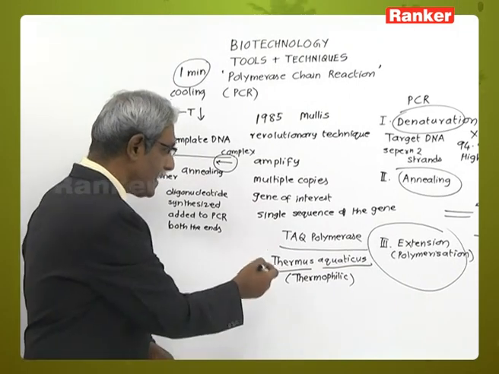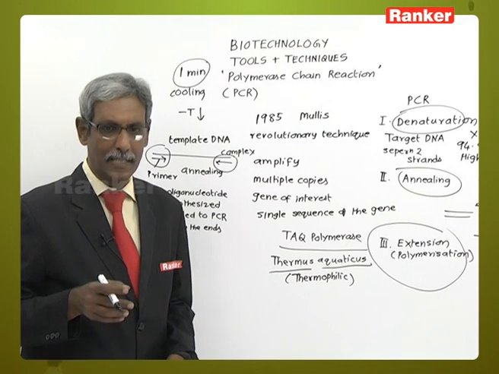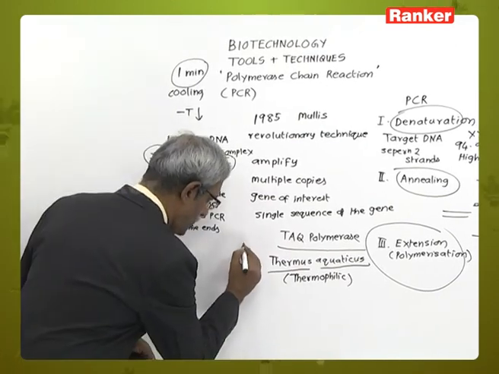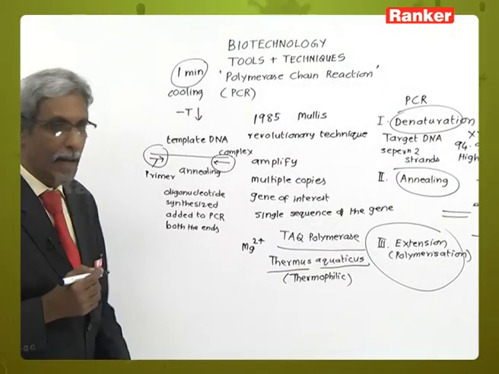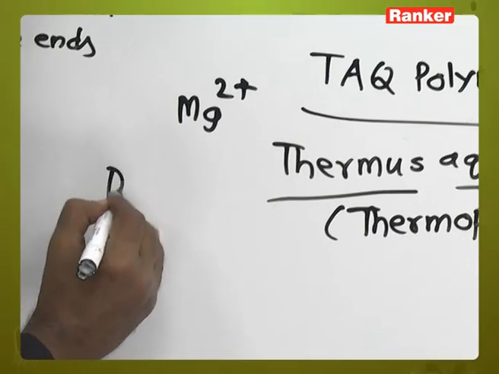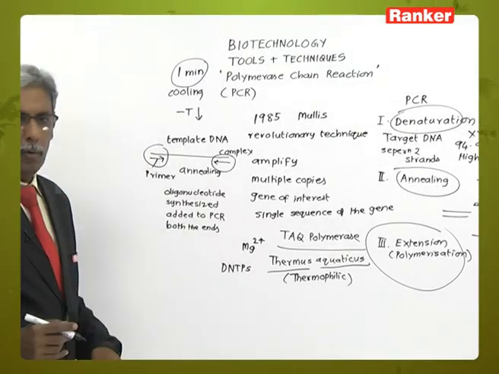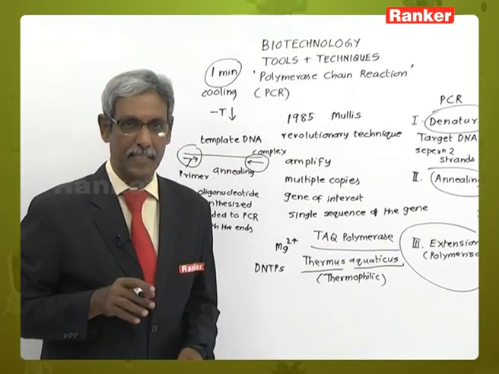So, Taq polymerase synthesizes the DNA region between the primers, and during the synthesis it requires magnesium. And it uses dNTPs. Now, dNTPs are deoxynucleoside triphosphates.